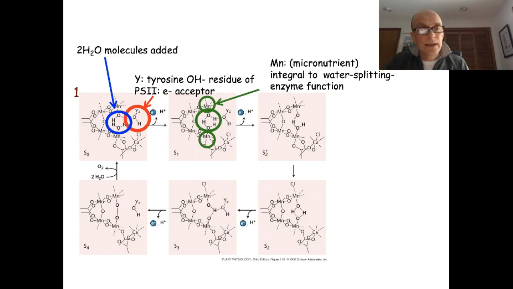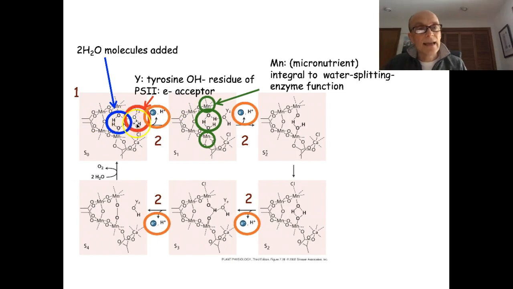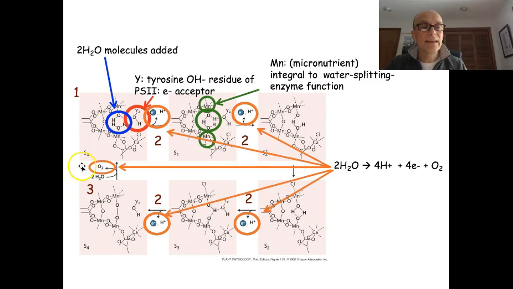The next step is that electrons are now coming off one at a time, sequentially, from these two water molecules that were held in that pocket. And then in the end, the oxygen that is left is released.